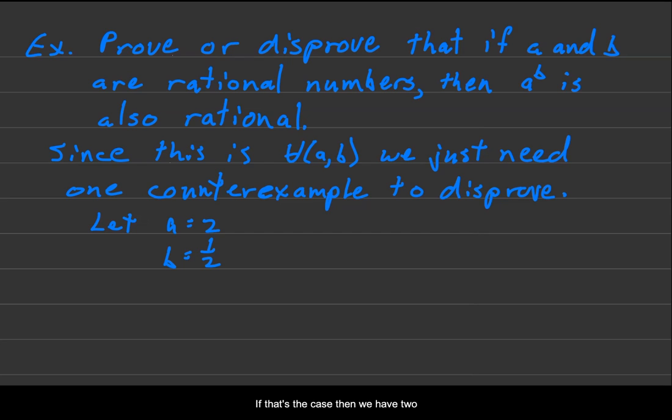If that's the case, then we have 2 to the 1/2 power, which is equal to the square root of 2, and square root of 2 is not rational, because that is the definition of irrational. Therefore, we have disproven.